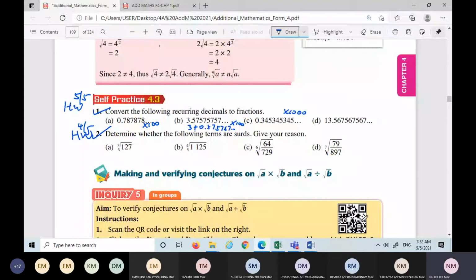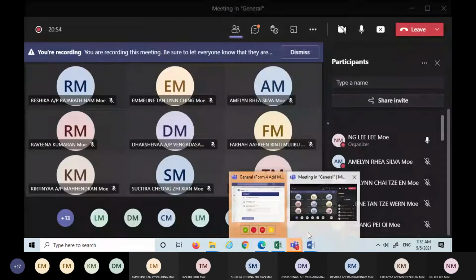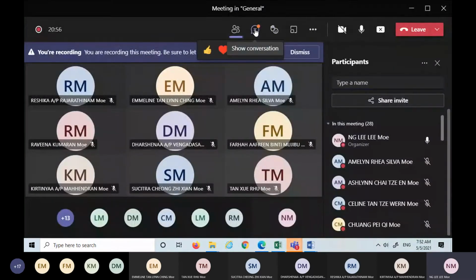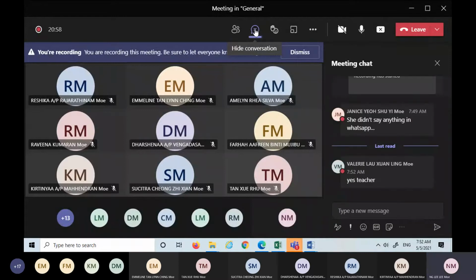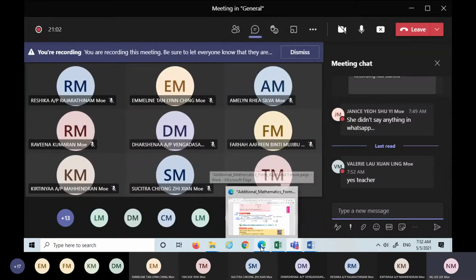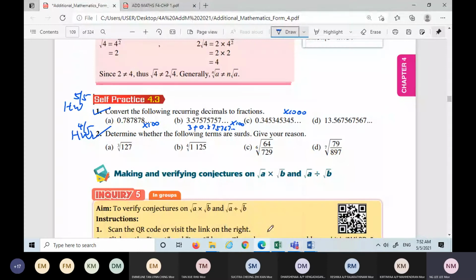Next, Rarely, you look at these questions. First of all, you have to separate that number from the recurring decimal. What to separate out?